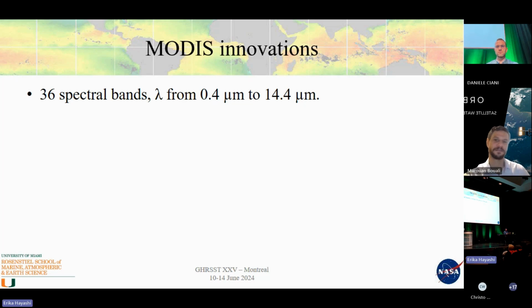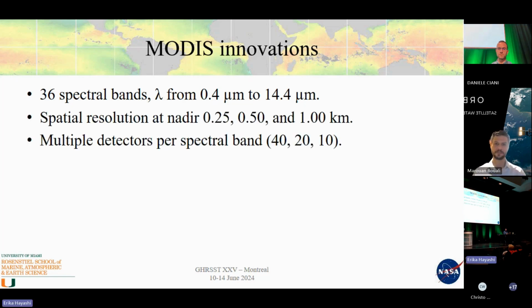Some of these came from the fact that there were 36 spectral bands. AVHRR, you remember, had 5. The spatial resolution went from 250 meters in some of the visible channels to 1 kilometer at nadir for the infrared and other visible channels.